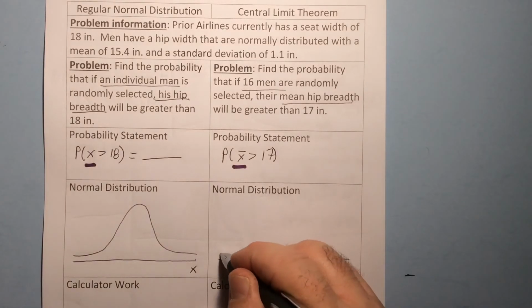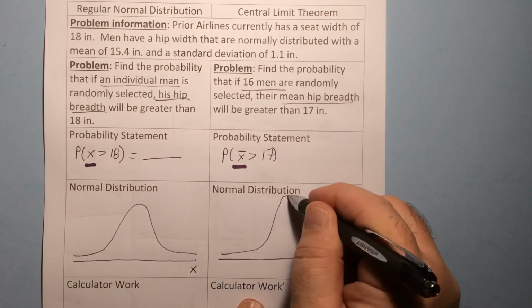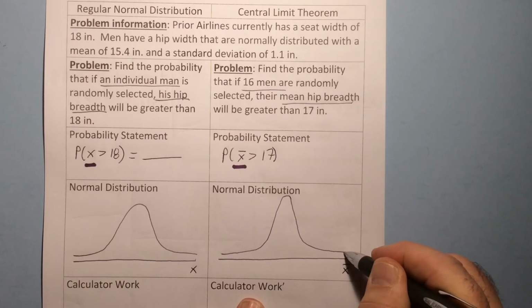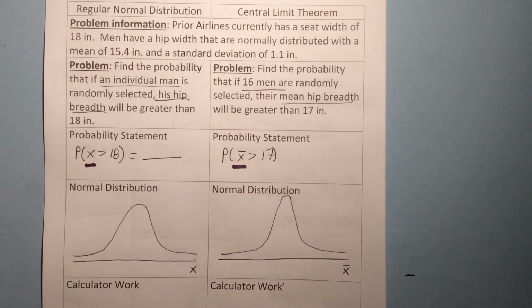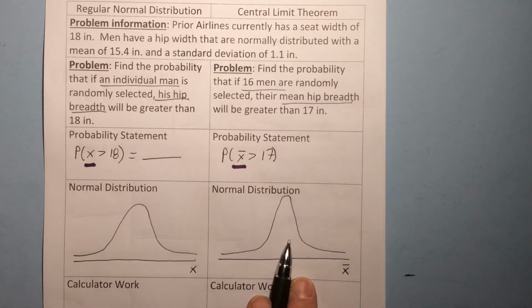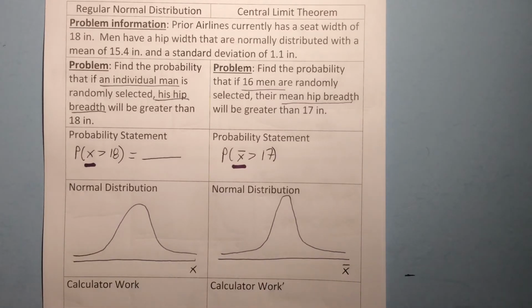This bell shape would actually be taller and thinner because there's less variation. That's why the standard deviation for means is smaller. So we would expect a taller, thinner curve here. The shape is going to be different from this one to this one.